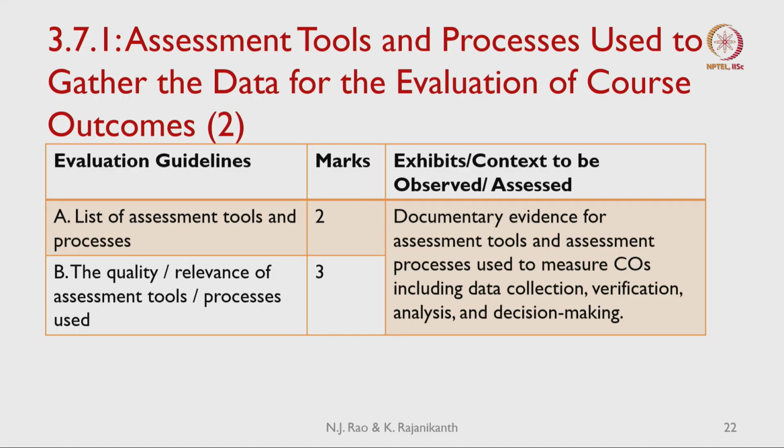So, the quality or relevance is with respect to how good they are in terms of computing the attainment of the COs. The visiting team assesses the quality of these things and based on that it awards marks, 3 marks.